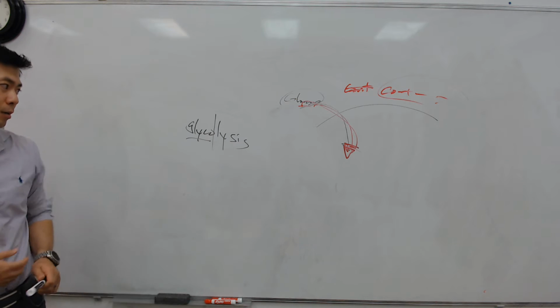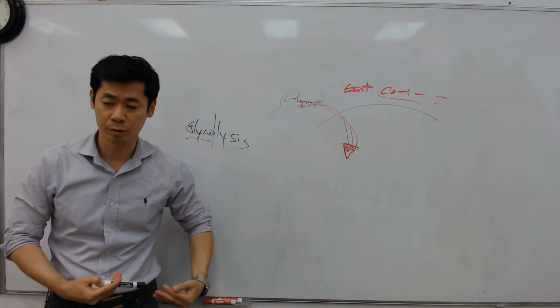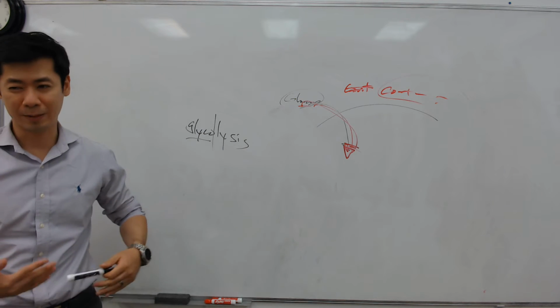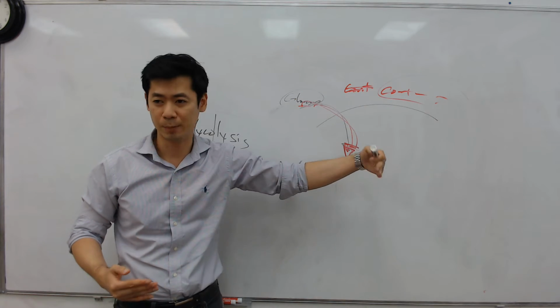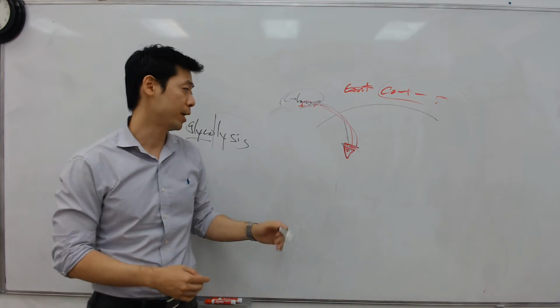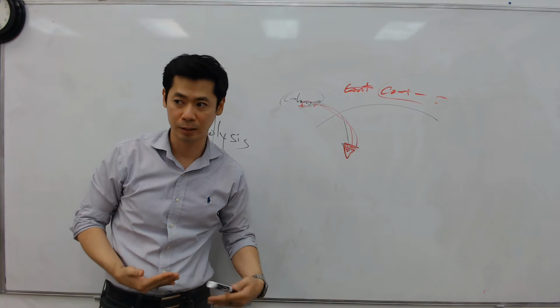So glycolysis is a very preserved process throughout evolution. We don't look like some of our counterparts, other primitive animals, but a process such as glycolysis is performed by every cell that's out there, okay?